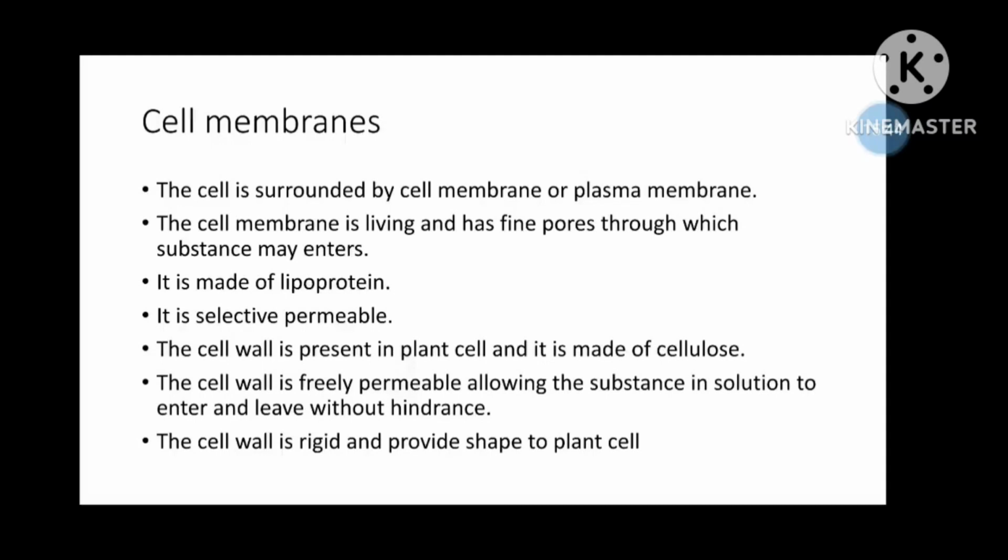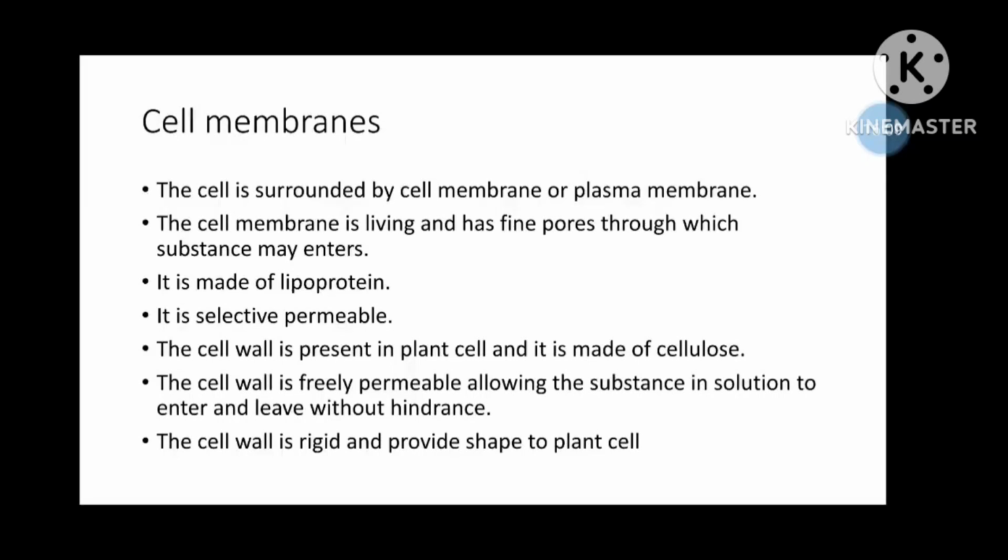The cell wall is present in plant cells and it is made up of cellulose. You know that the cell wall is present in your plant cell and that cell wall is made up of cellulose. The cell wall is freely permeable, allowing substances in solution to enter and leave without any hindrance.